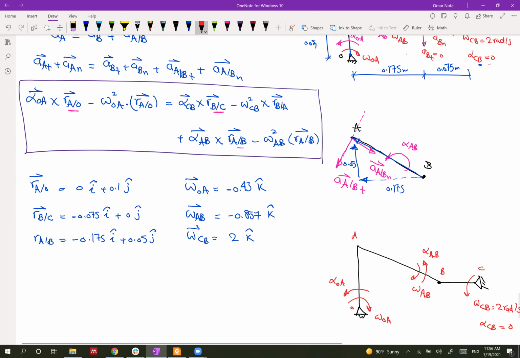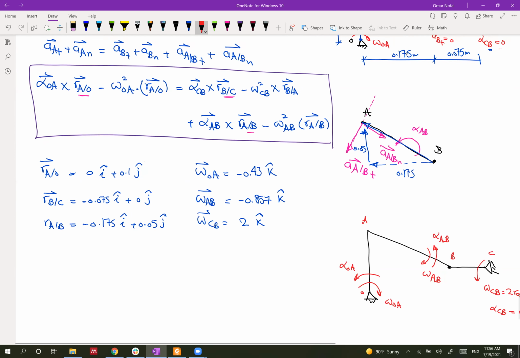And let's put them in the equation. So alpha OA, we can write it as a magnitude, and it has a direction in the K hat from the right hand rule. Let's cross this with RA with respect to O, which is the vector 0 in the I hat direction and 0.1 in the J hat direction.